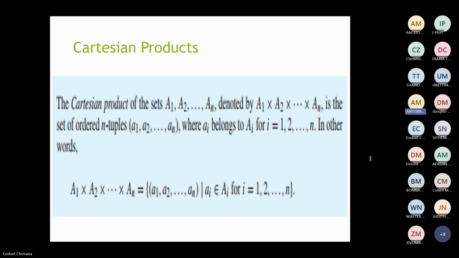In other words, A1 times A2 times and so on to An is equal to the set of (a1, a2, and so on to an) where ai is an element of Ai, for i equals 1, 2, and so on.